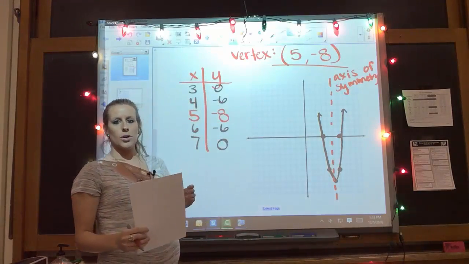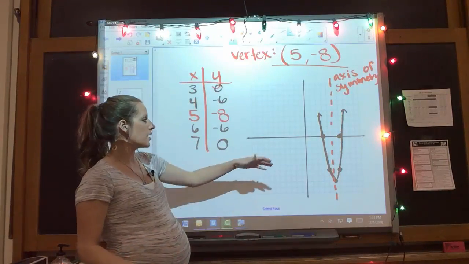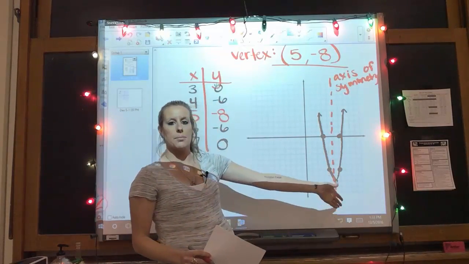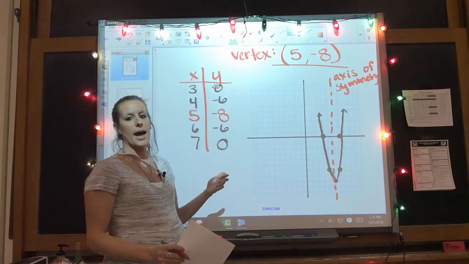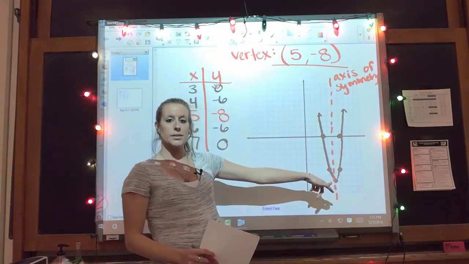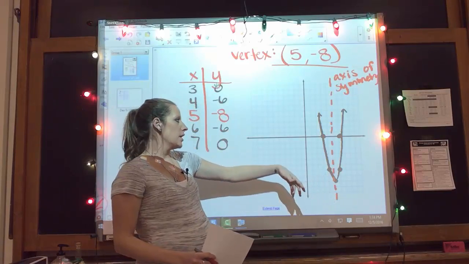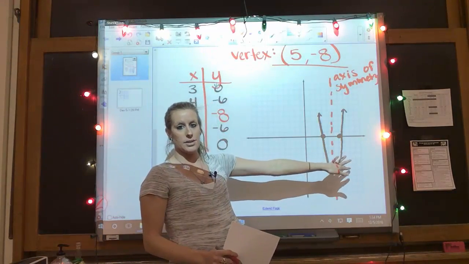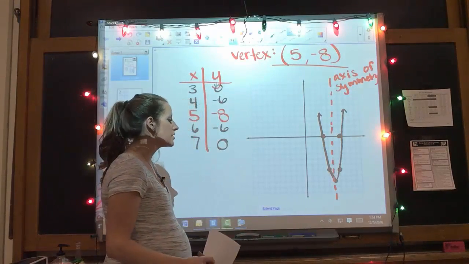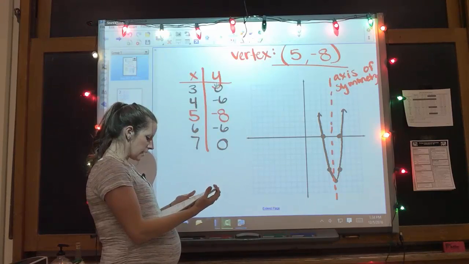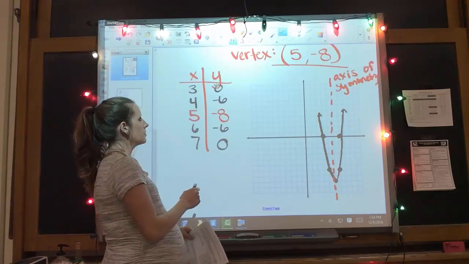We'll use it more with root form and stuff like that, but just remember your axis of symmetry is going to go right down through the middle of that parabola. It's going to split it in half. So once you plot some points and you get to that vertex, you can mirror the other points across your axis of symmetry and it goes a little bit faster. All right, so that's the first example. Let's try another one.